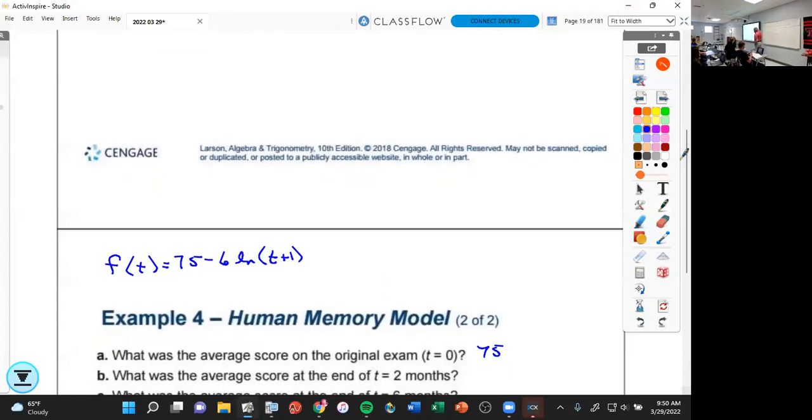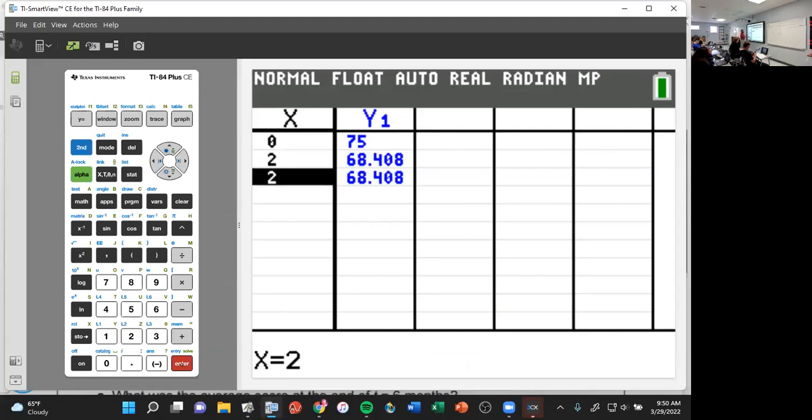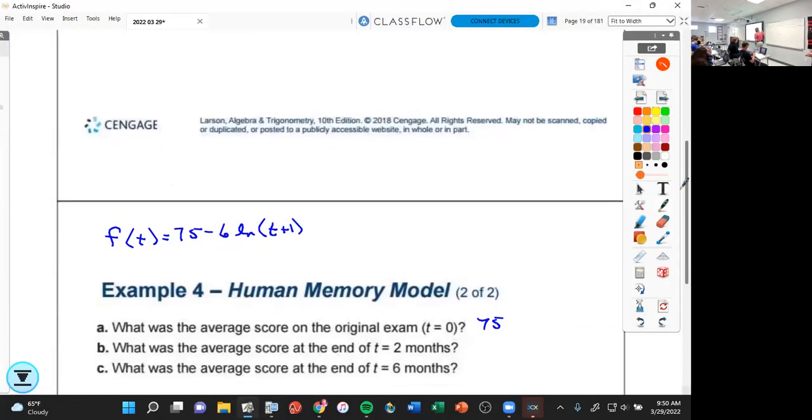What is the average score at the end of 2 months? So 2 months have passed. You take the test again. You haven't applied the knowledge you had when you took the test originally, so you're going to lose the knowledge, right? So when you plug in 2, what do you get? 68.4.